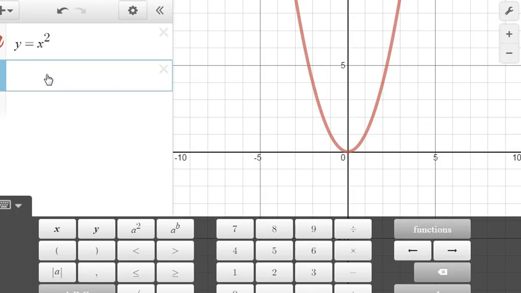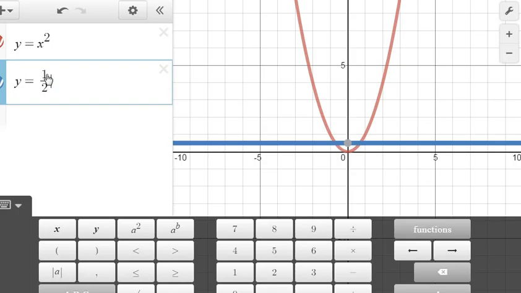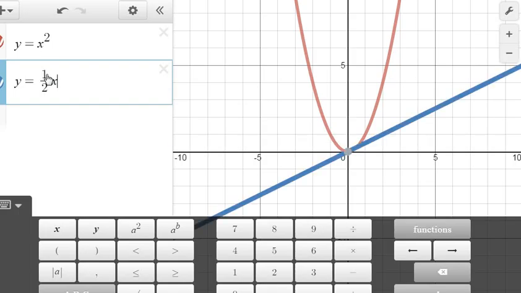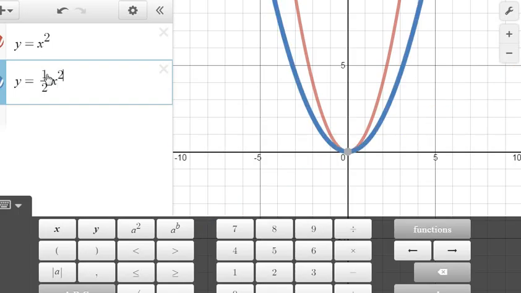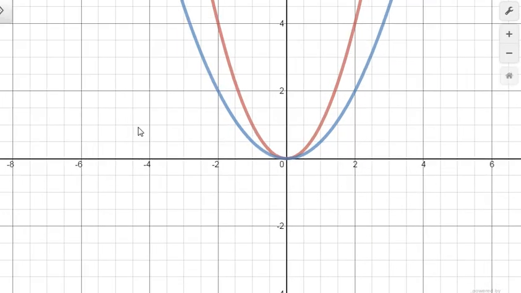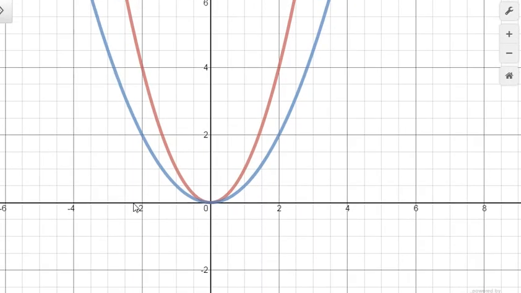For instance, y equals 1/2 x squared. So what's that 1/2 doing to my graph of x squared? Here's the graph of x squared. Here's the graph of 1/2 x squared. Yeah, it's making it wider.